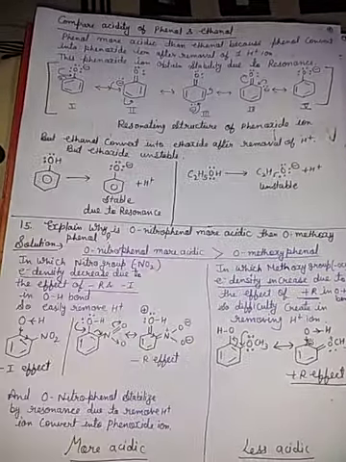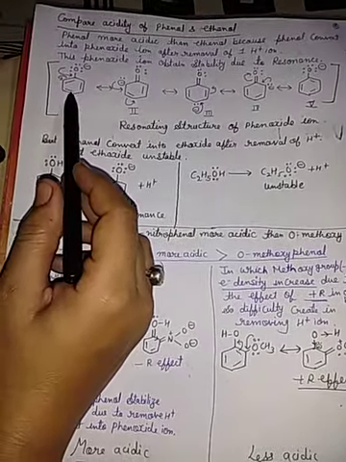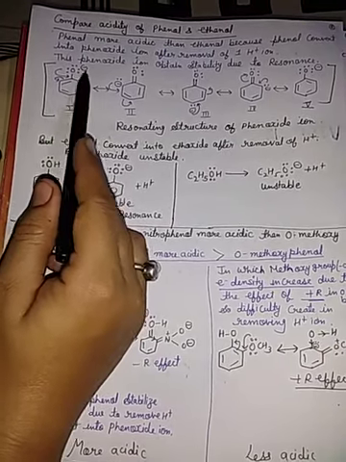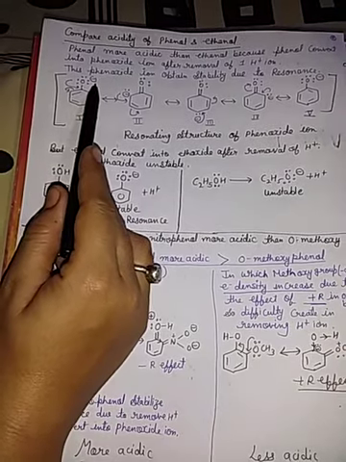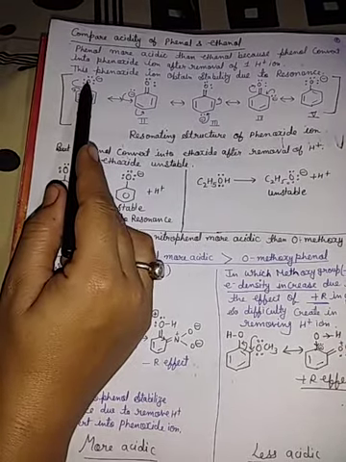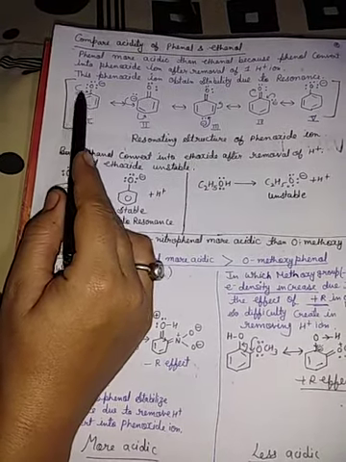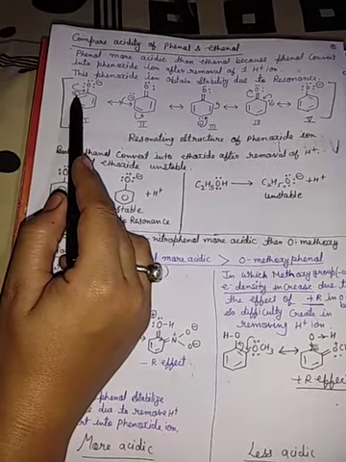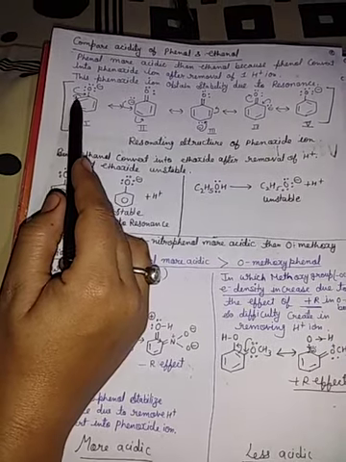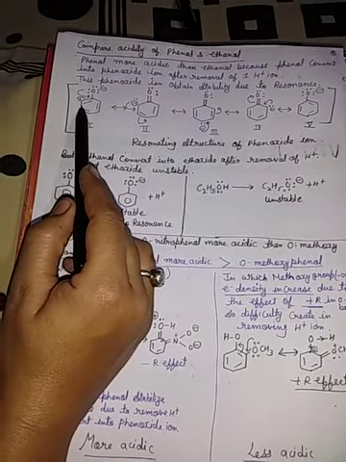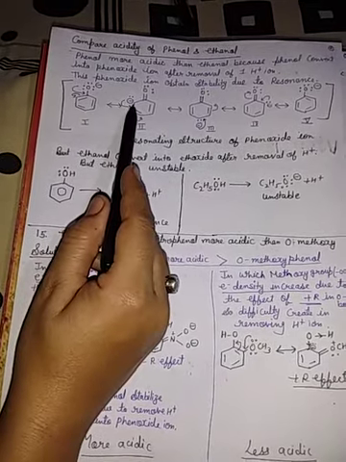Why does phenol show acidic nature? Due to resonance. Whenever H plus is removed, the 3 electron pairs on oxygen give a negative charge, so the electron density at oxygen increases and electrons are given to the benzene ring. The electrons move forward to the ortho position, so negative charge appears at ortho.